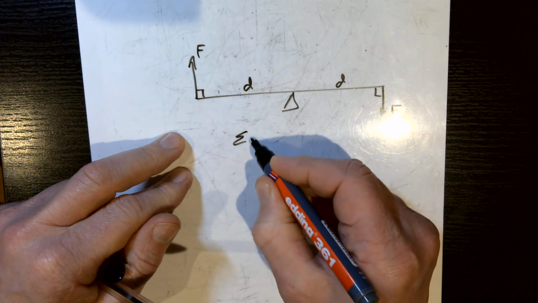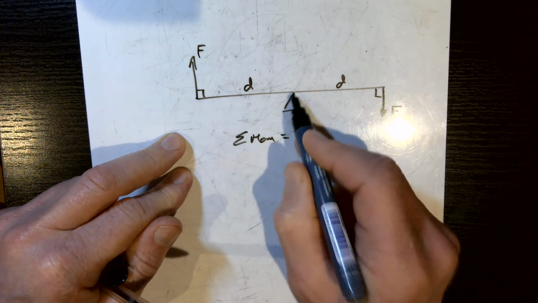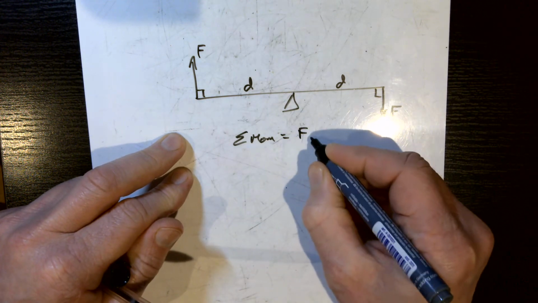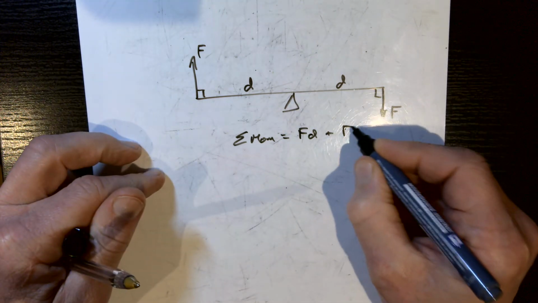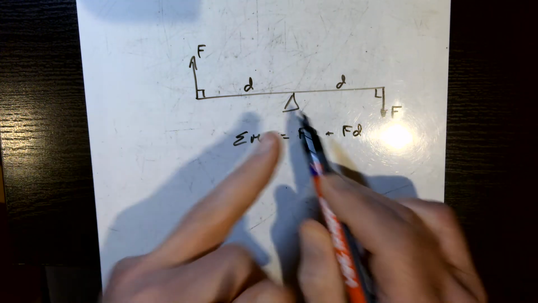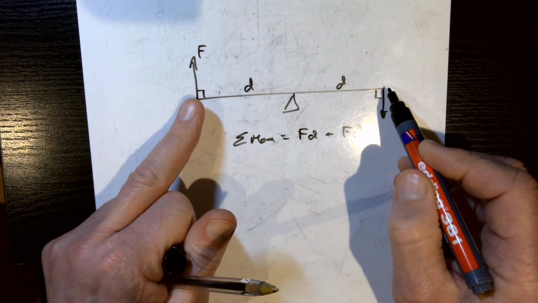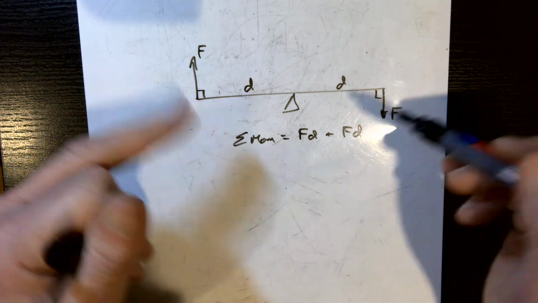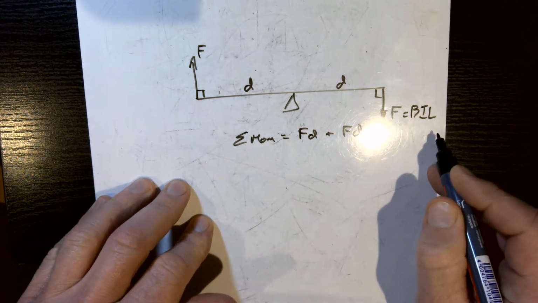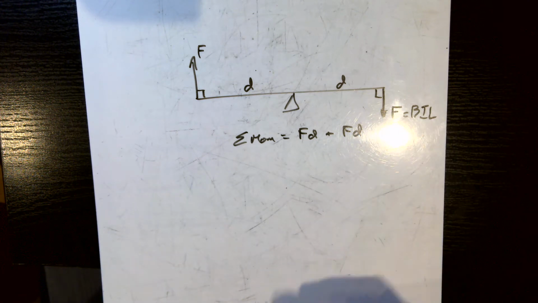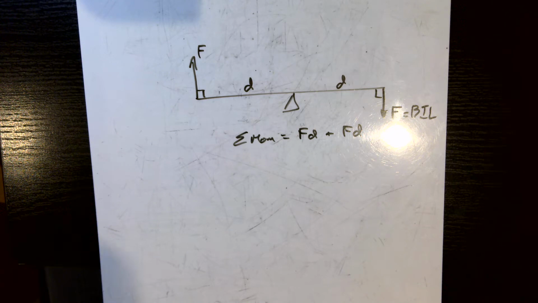So my total moment is force times distance from the pivot. Okay, so FD plus, on the other side, same force, same distance. Why? Because our motor has the pivot in the middle, both have the same number of coils, both are the same length, so therefore that's going to be equal to BIL. Okay, so what we can do is use moments from last year to do it.